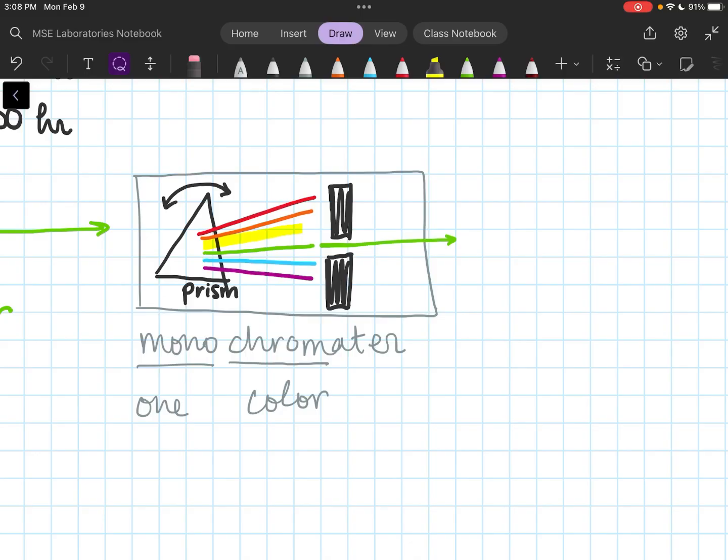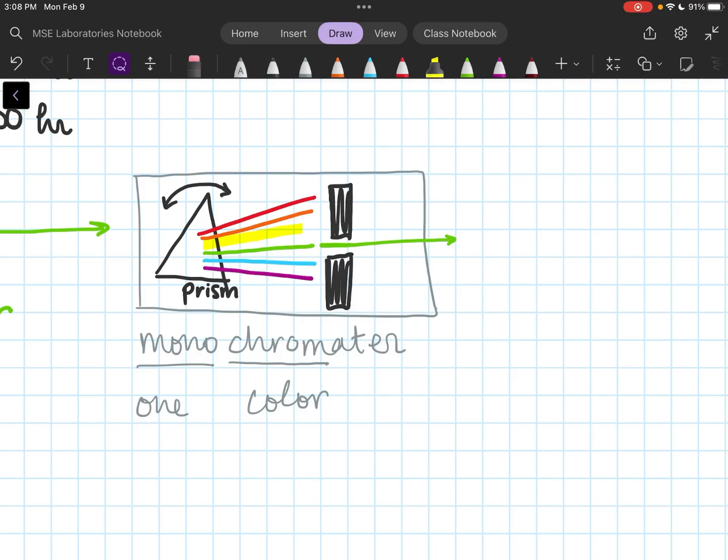So if I were to rotate this prism upward, I would end up with the blue also moving upward, and the blue would go through and the green would get blocked up here. Or I could move this downward so that the red is coming through.